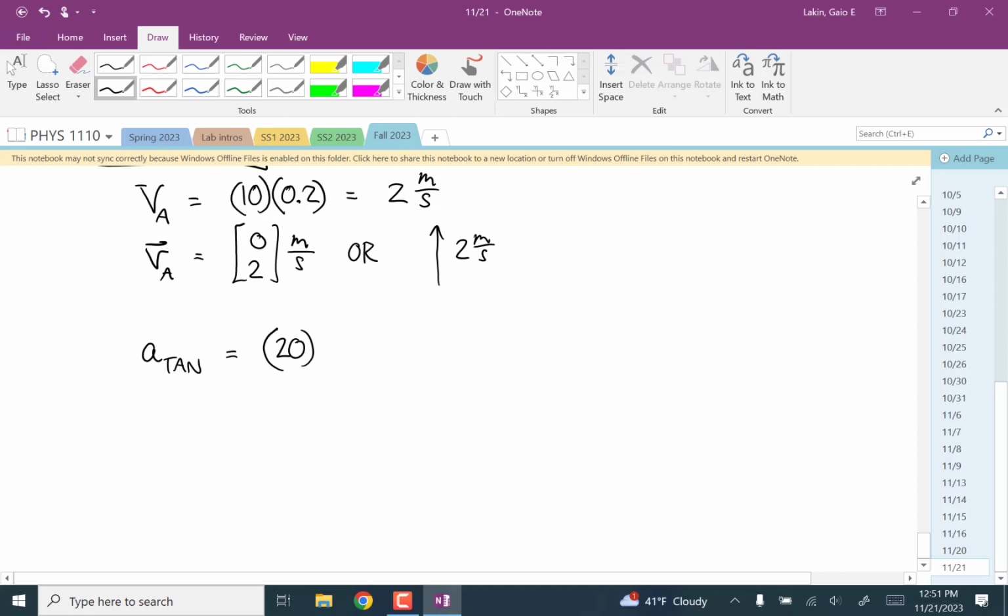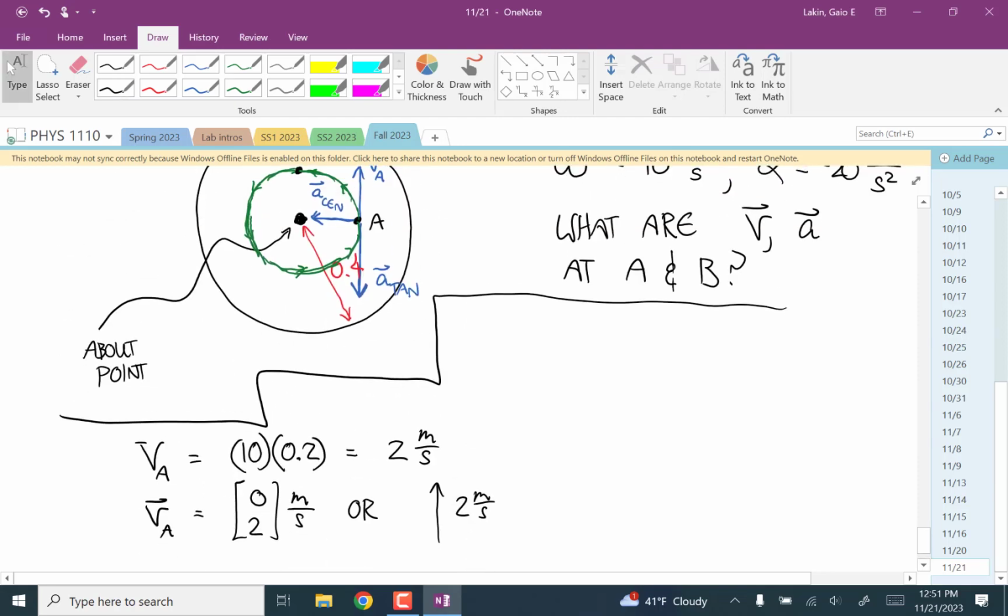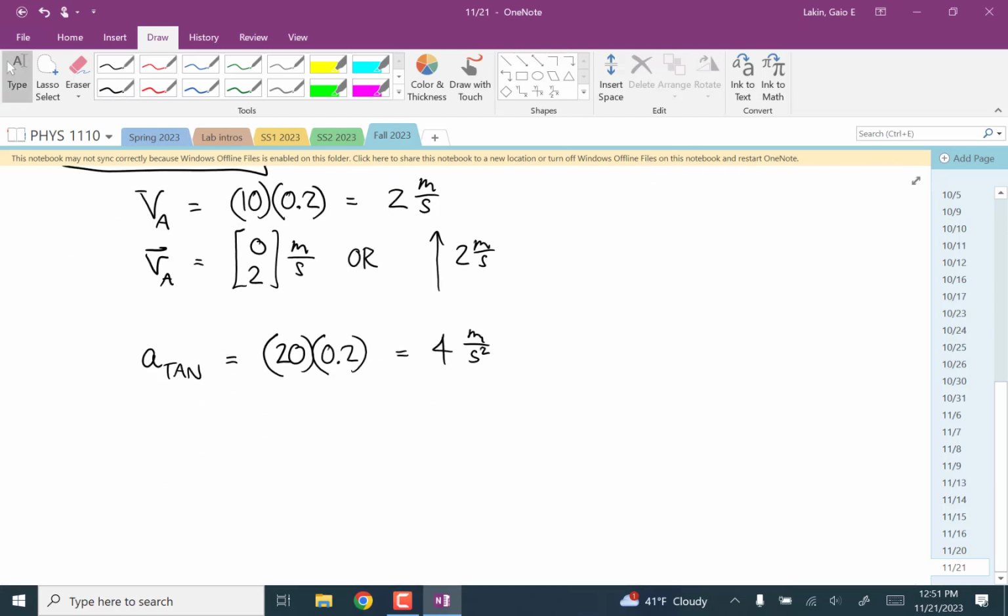What's the distance from the about point to that point A? 0.2. Yep. And so this is 4 meters per second squared. We already figured out that it's pointing in the negative y direction. So the tangential acceleration vector of this point is 0, -4 meters per second squared.